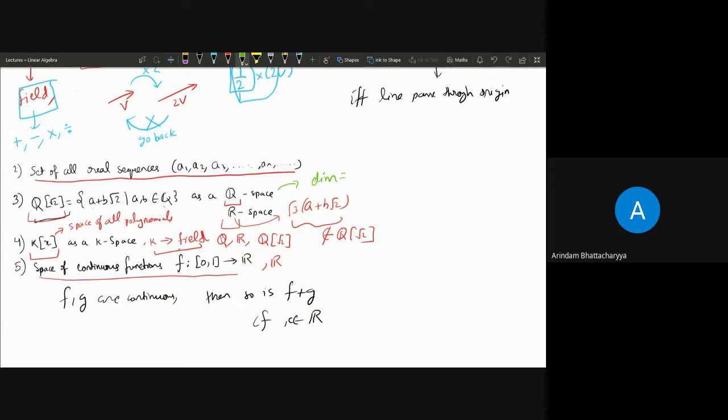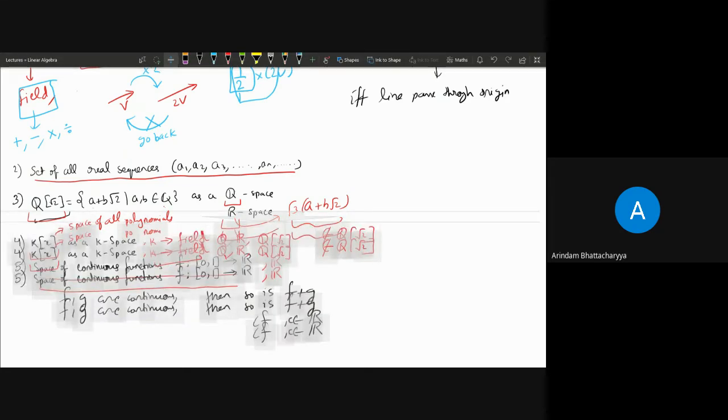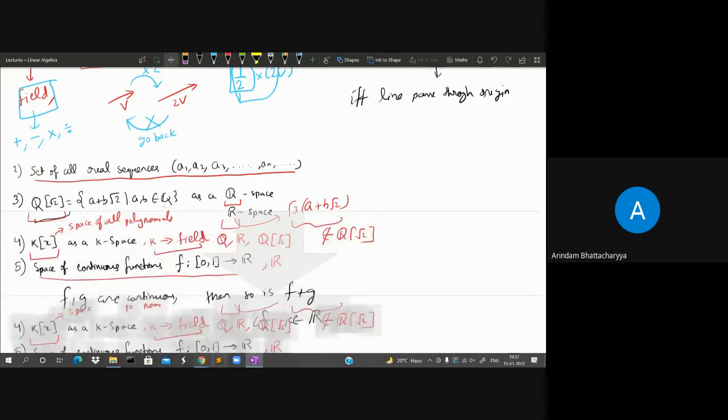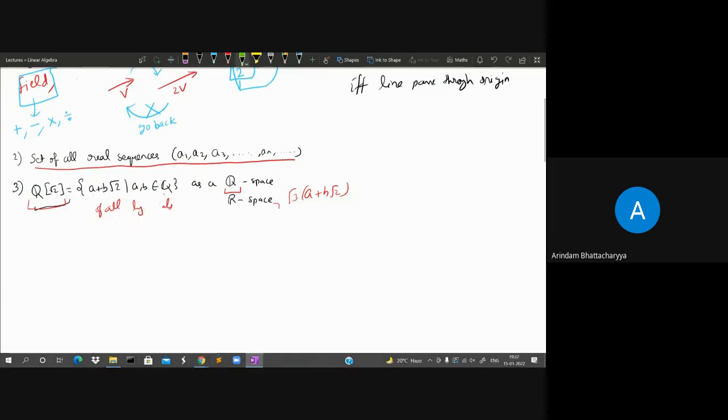Maybe I'll move the page around a bit. All right.